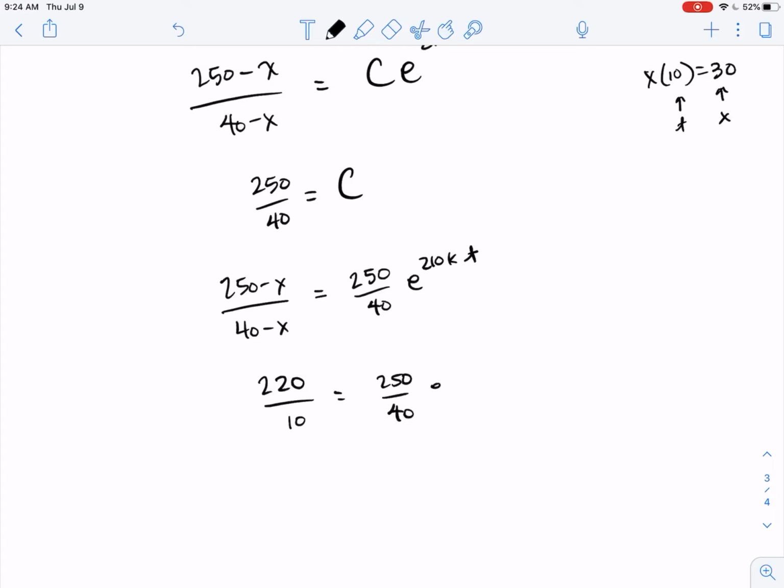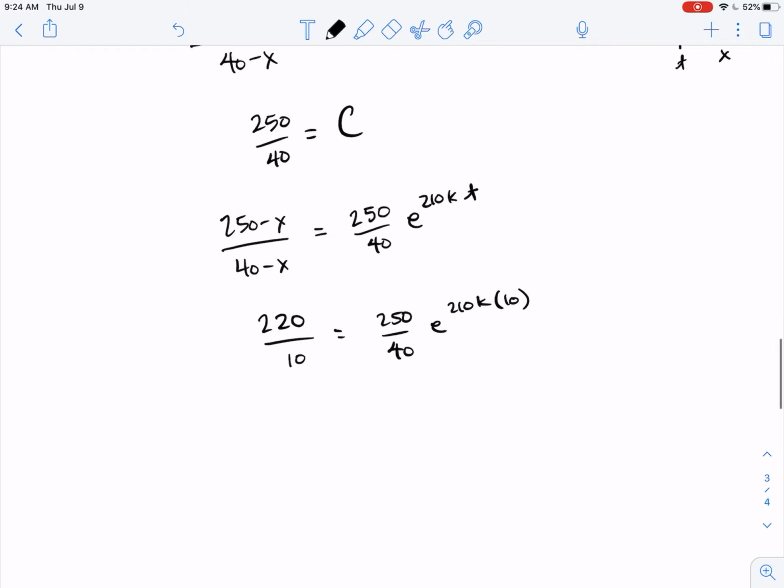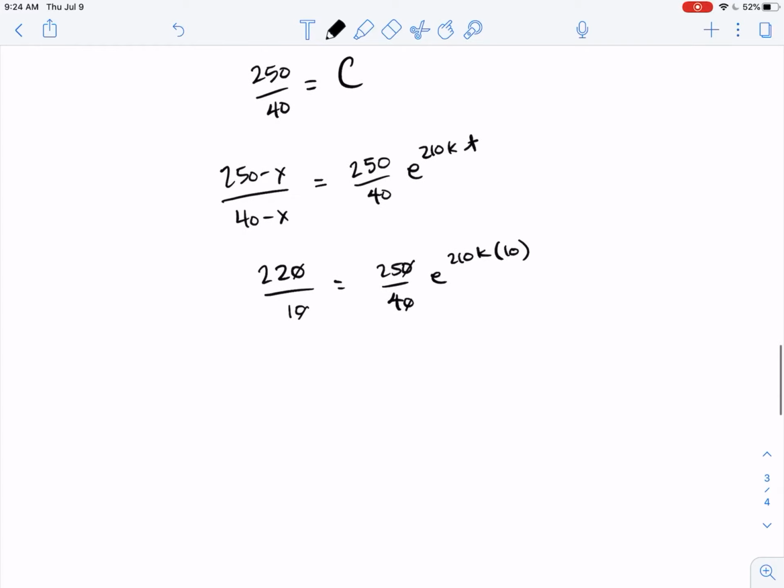And then here you're going to have e to the 210k times 10, sorry. So we could do a couple of things. Like if you eliminate these zeros, you have something that's a little nicer. So we'll have 88 over 25 is equal to e to the 210k times 10, right?